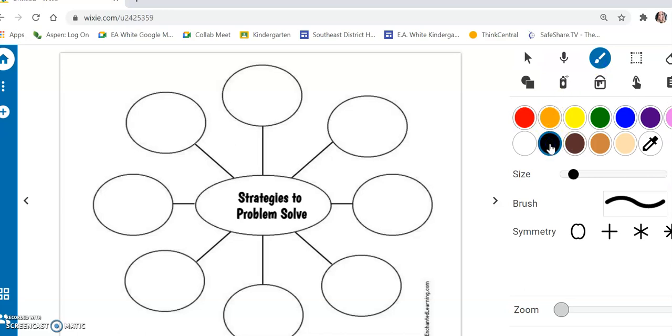The teacher might then use this web and record student responses, maybe with pictures, maybe with words.